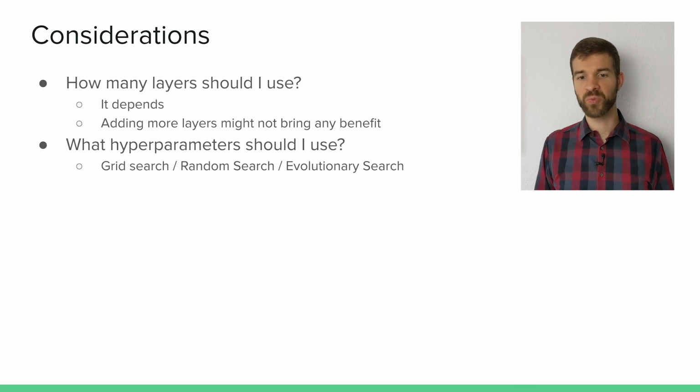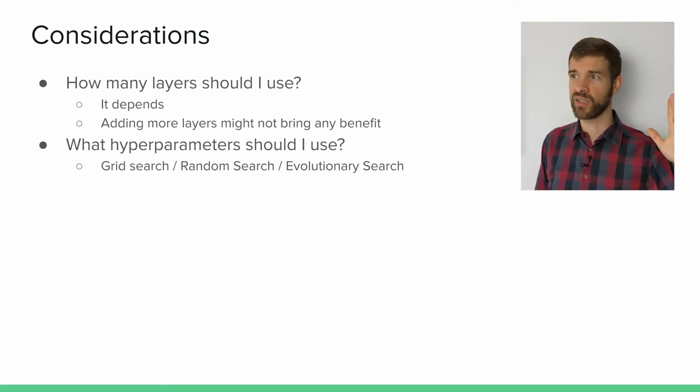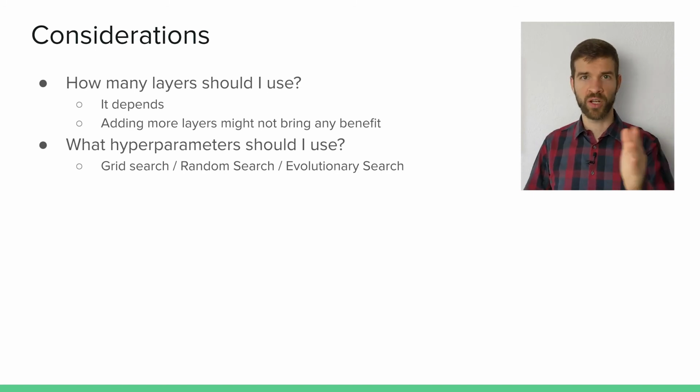But the simplest way would be to just say, okay, I restrict myself to anywhere between 16 and 64 features for each of these convolutions, and then you try grid search. You take 16, you take 24, 32, and some other values along a grid.